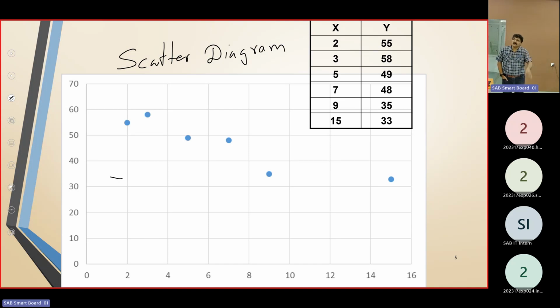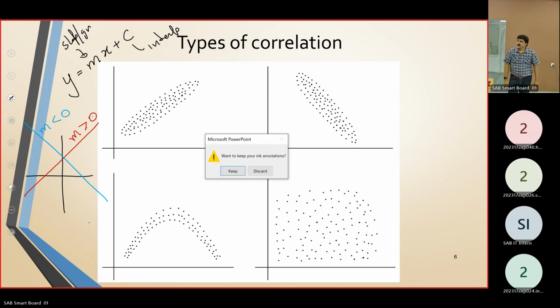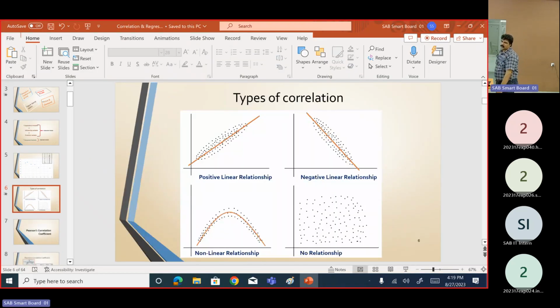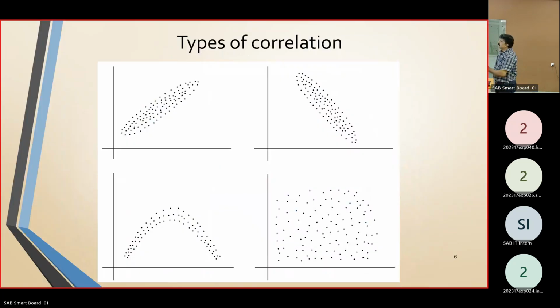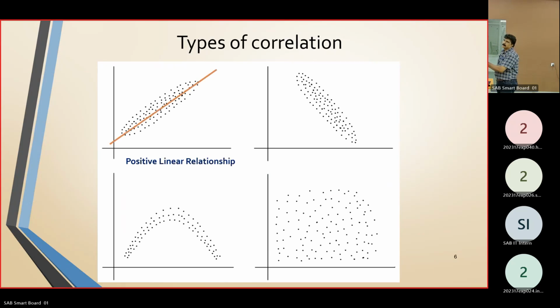When we draw the scatter diagram for a given data set, the following possibilities are there.